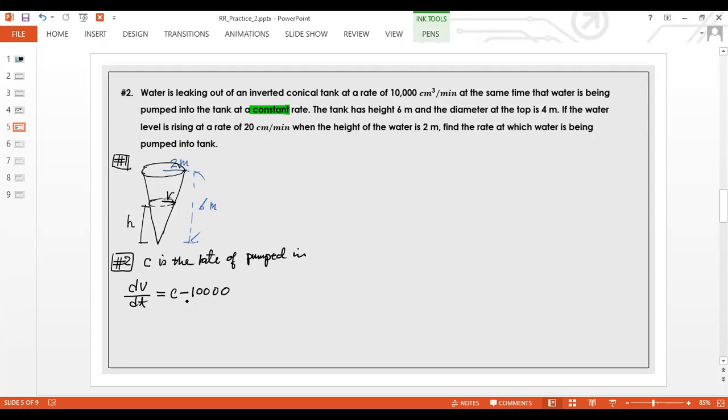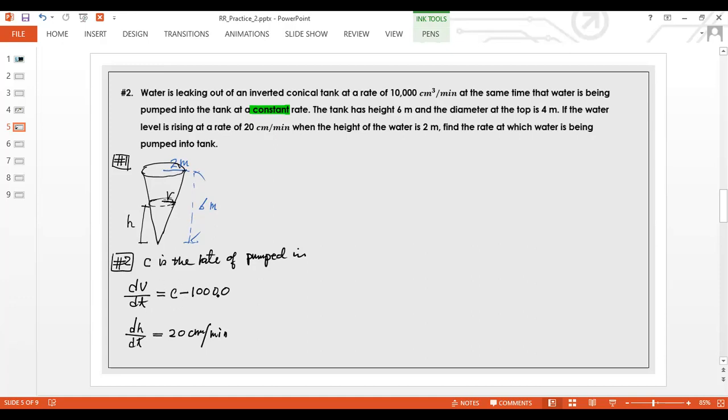Also, what is the other thing we have? We say the water level is rising at 20 centimeters per minute. That means I know my dh/dt. That's how fast the water goes up. dh/dt is 20 centimeters per minute. All right, so that's the dh/dt here.